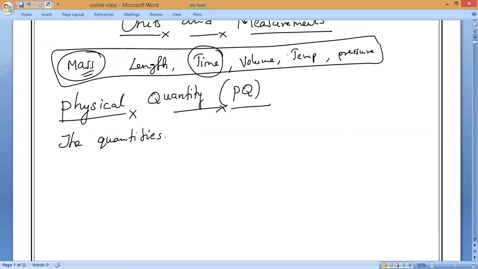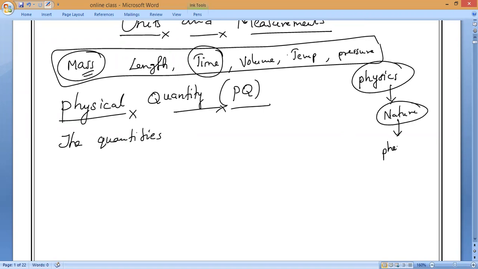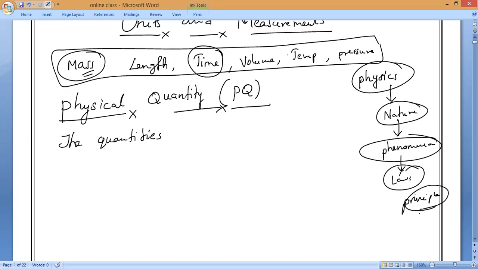And remember, this is actually entire physics. What do you mean by physics? First of all, you should know. According to my words, physics means nature. Because entire physics deals with the phenomena taking place in nature, the laws and principles behind them, how it exists, in what ways we can measure it, and how we can define it.